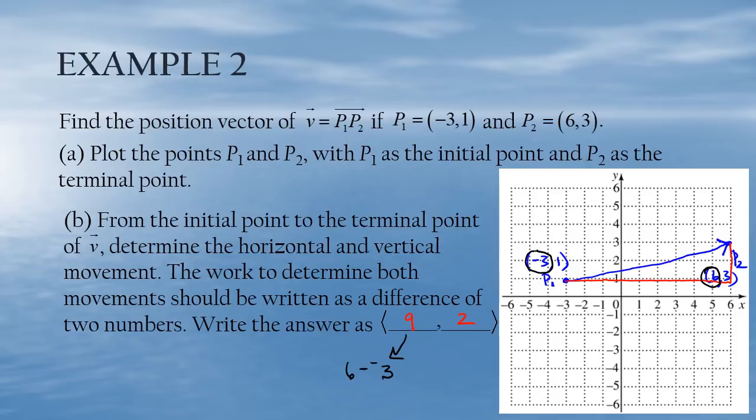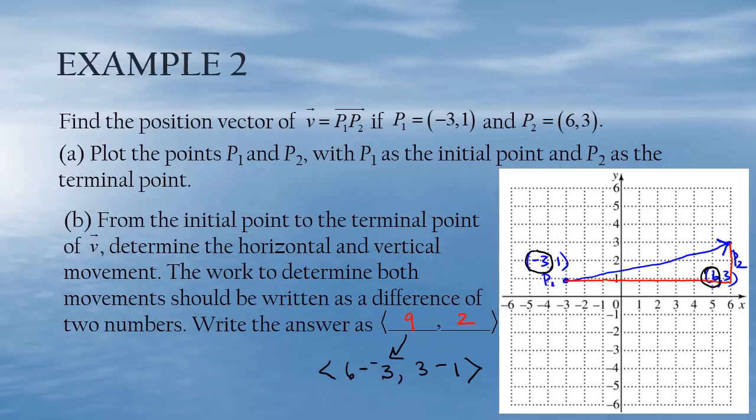So in other words, the second vector's x component minus the first vector's x component. And then for the 2, I would do the same thing. Start with the 3 and subtract the 1. And if I can keep that in mind, then that will help me for times when I can't simply count.